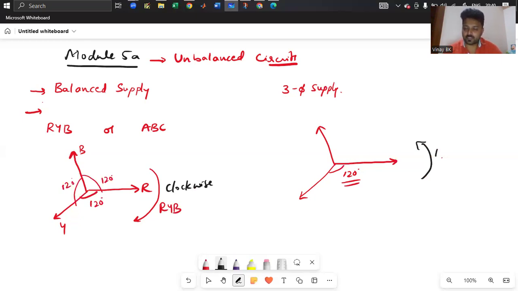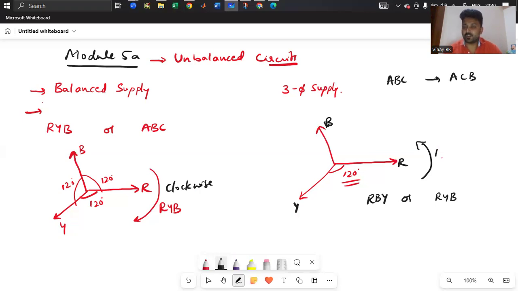You need to read the sequence in anti-clockwise, so that here the sequence is RBY, negative phase sequence. There are two phase sequences: one is RBY and one more is RYB. Sometimes you write them in the form of ABC also. ABC is a positive phase sequence. Similarly, ACB is a negative phase sequence.